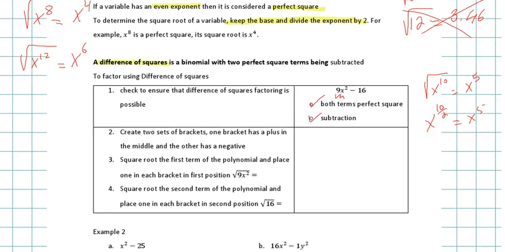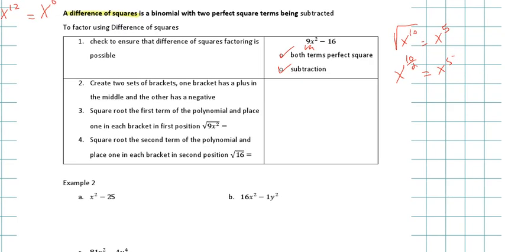So to factor this, this is what you have to do. Can I have your eyes on the board for a second? First, you have to create two sets of brackets. One bracket has a plus in the middle, and the other one has a minus. This is your first step.